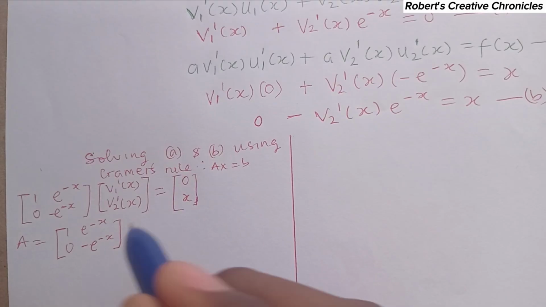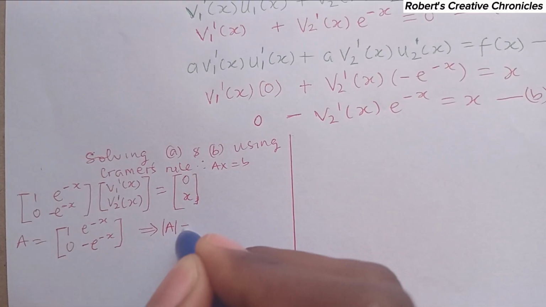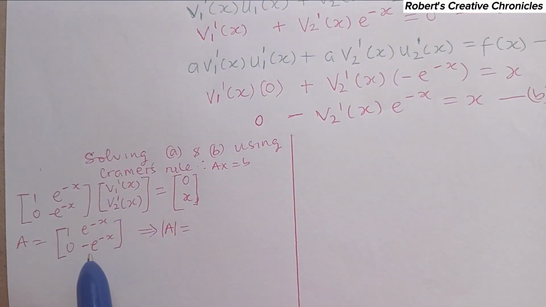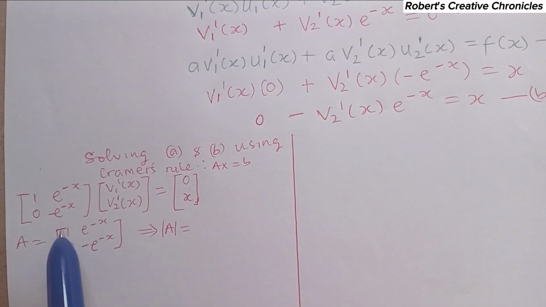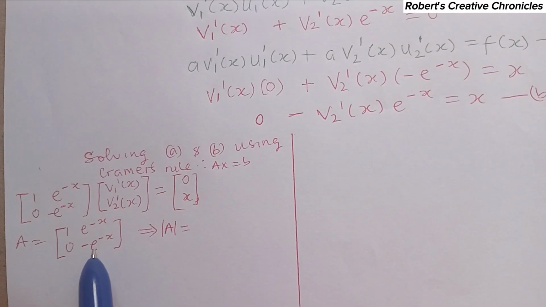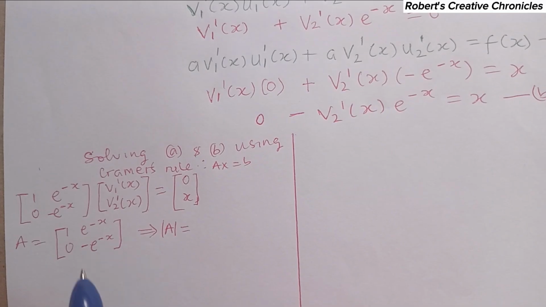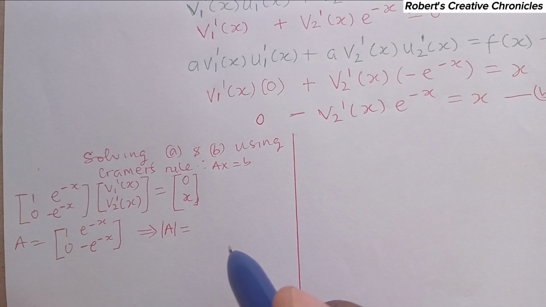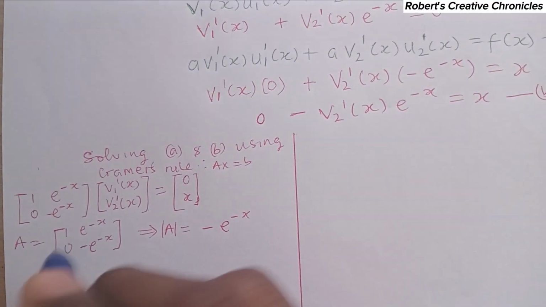So now we will find the determinant of this, which is 1 times the product of this term minus the product of this term. So it is 1 times negative exponential minus x, which is negative exponential minus x, minus 0, this is 0.